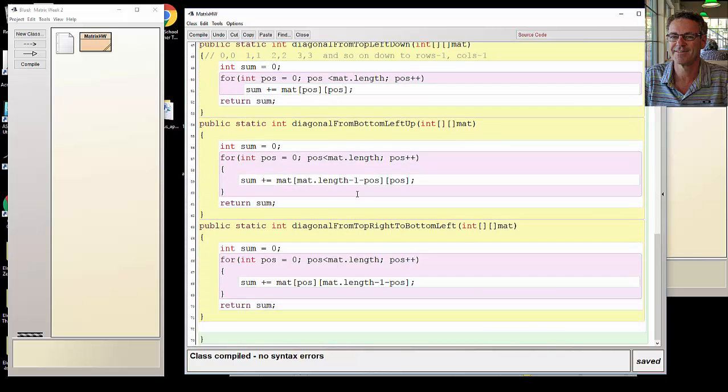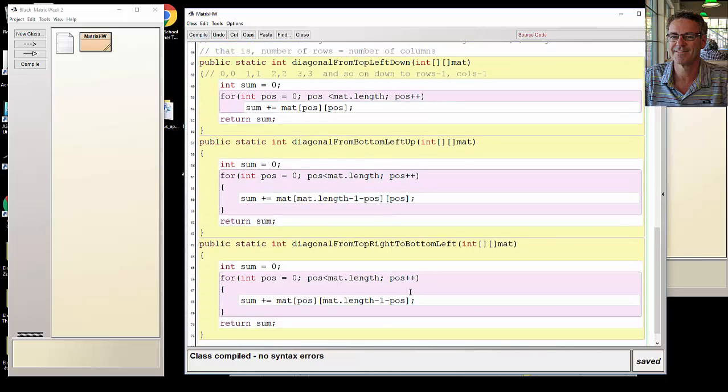So you could have thought about it that way. You could make your row your position value and your mat.length minus 1 minus POS your column value. Again, really requires a solid algebraic mind and some patience to think about this.